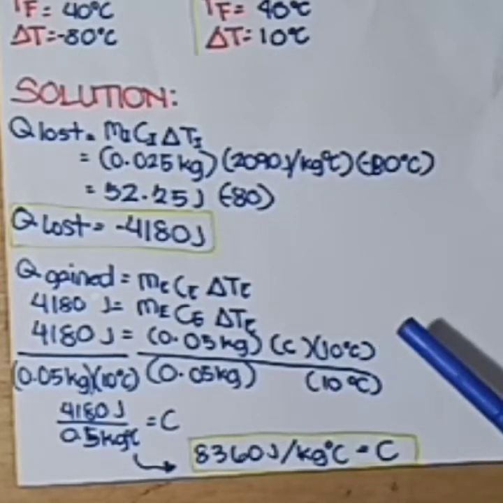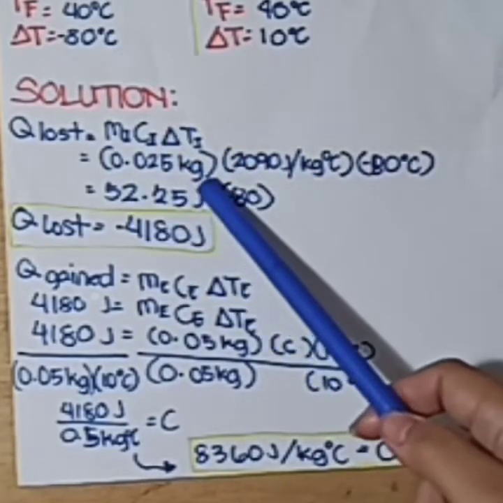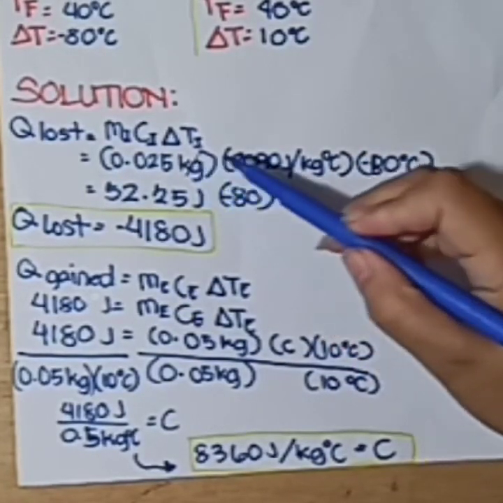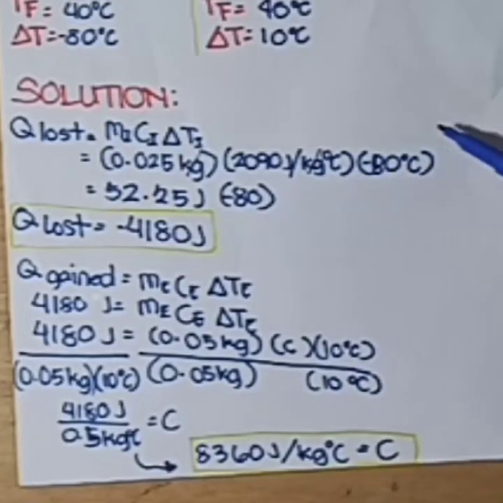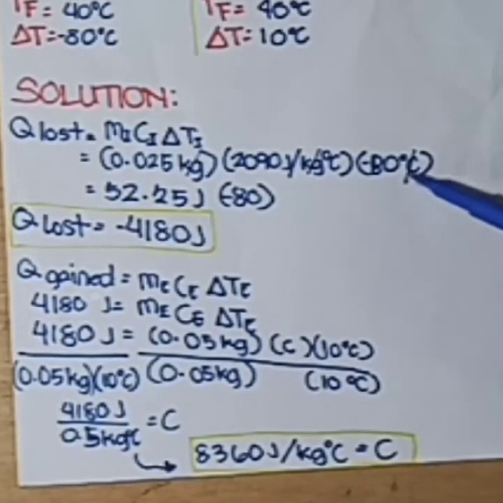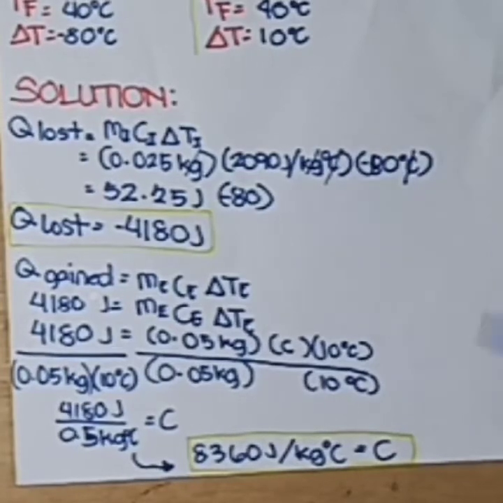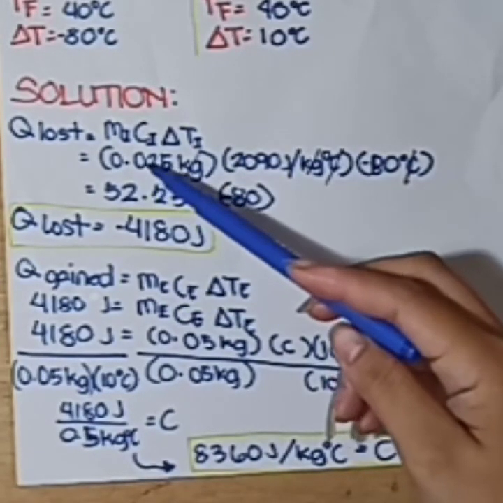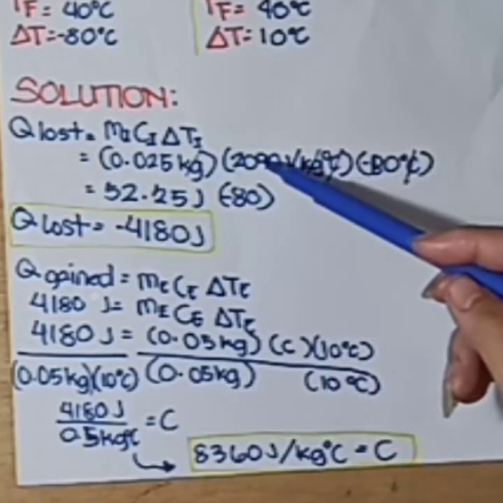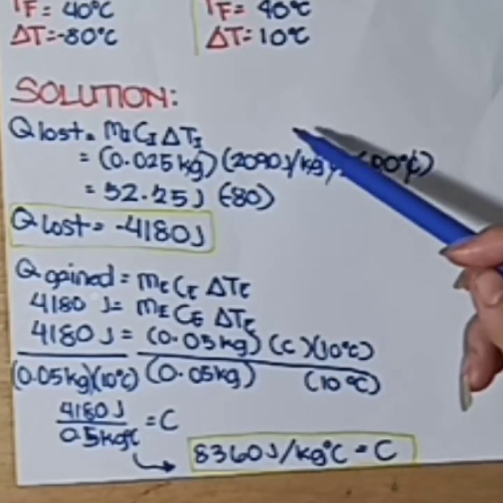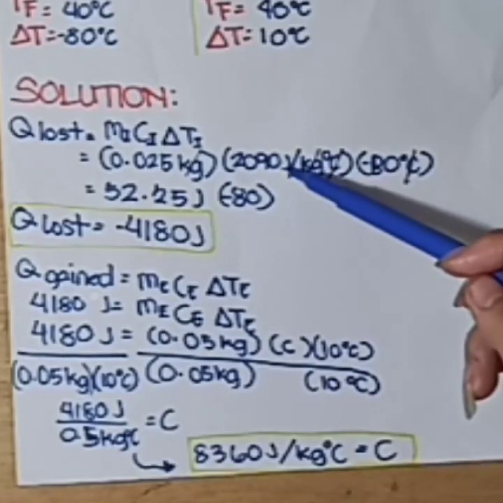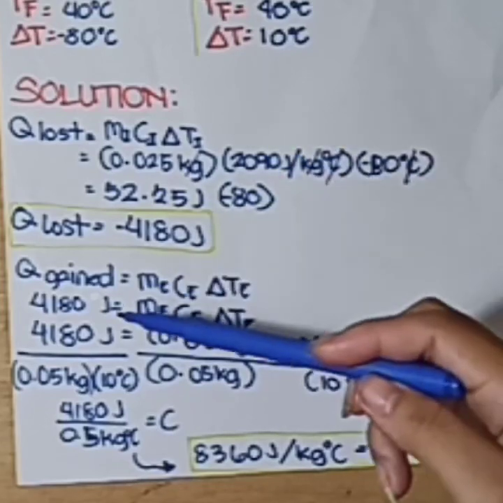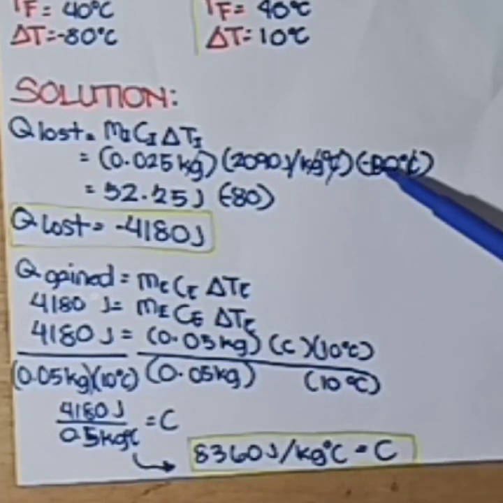We first cancel out the kilograms, then the specific heat units. The remaining is to multiply 0.025 times 2,090 joules, which is equal to 52.25 joules. And we just copy the remaining.